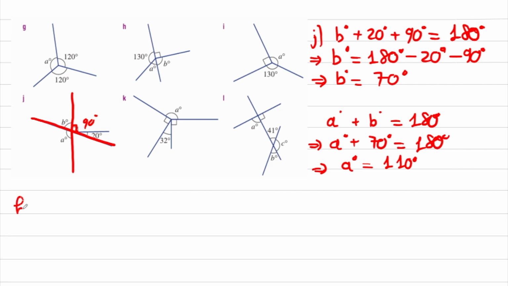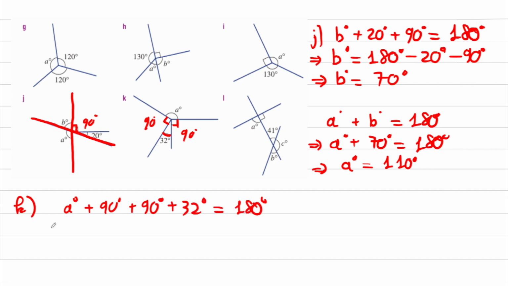Question K. Here is 90 degree, here is 90 degree, here is 90 degree, and this one is 32 degree. So these angles make the revolution, and I will get the equation A plus 90 degree plus 90 degree plus 32 degree equal to 180 degree like this.